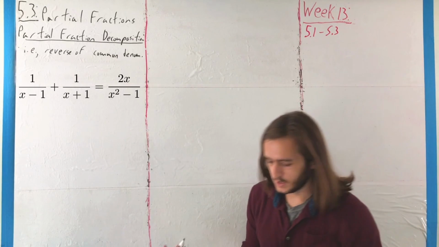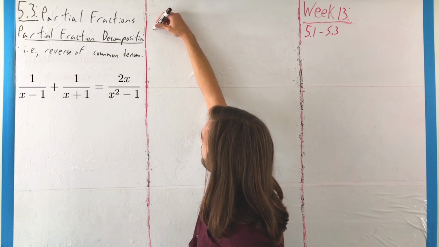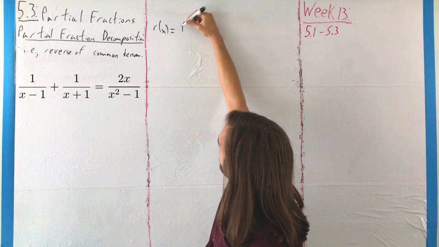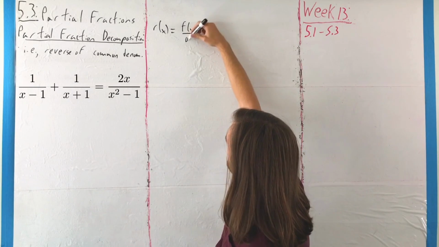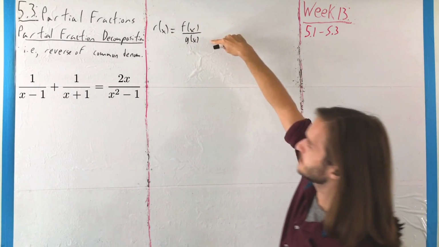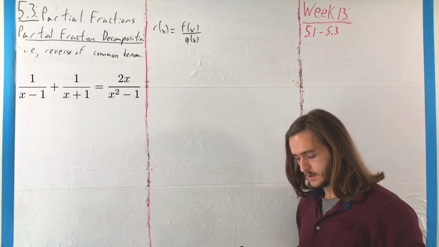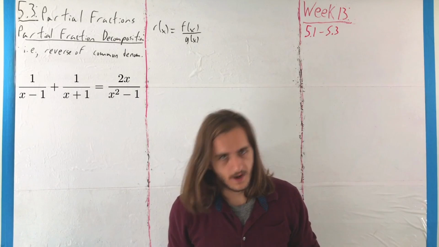So let's be pretty general here. Let's say we have some function r of x that is a rational function of the form f of x over g of x, where in particular the degree of g is bigger than the degree of f, which is what's called a proper rational function.